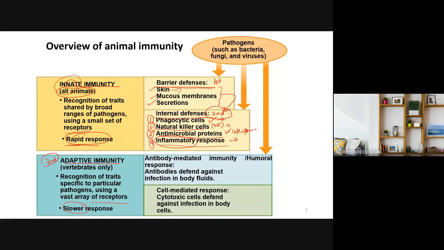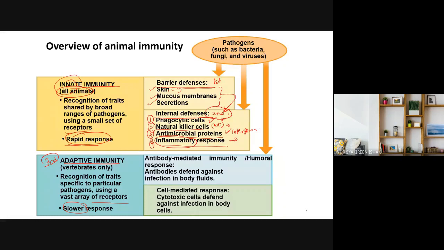Your body will produce what we call memory cells. Okay, so these memory cells will be stored in your lymph node, for example. So when you are infected by the same virus again in the future, you will not get sick anymore. Why? Because you already have those memory cells. Okay?